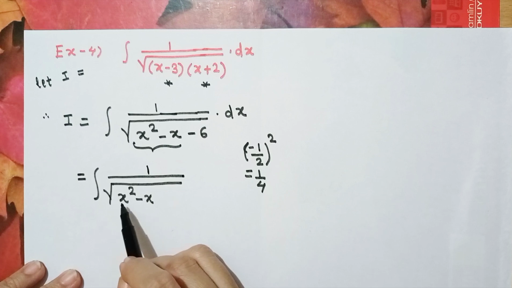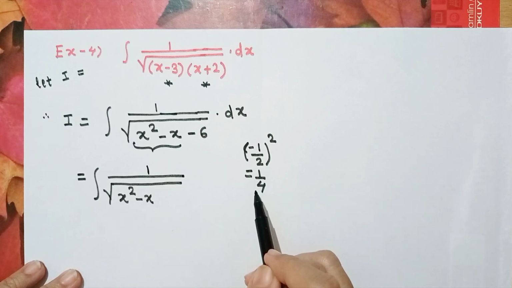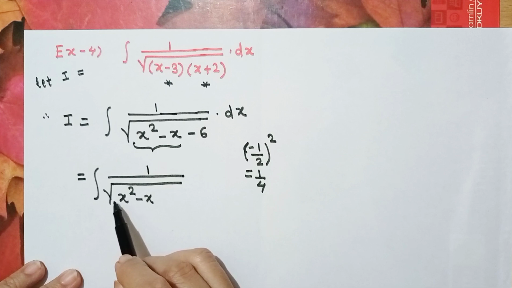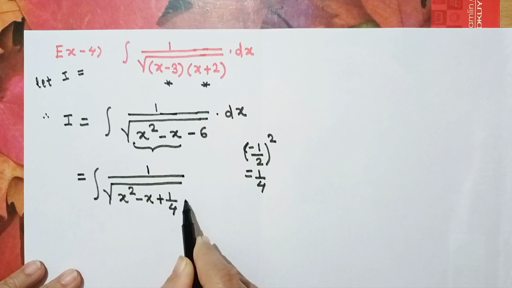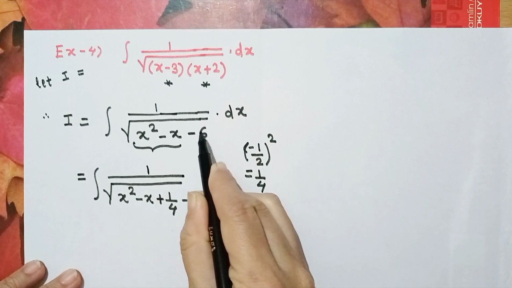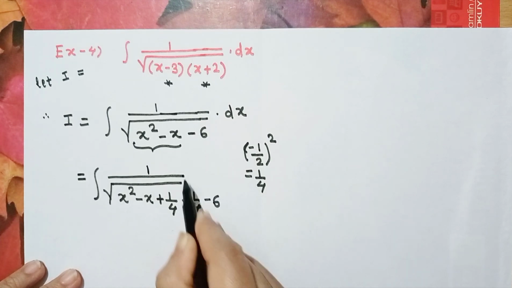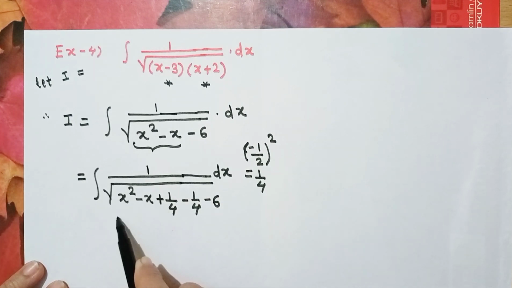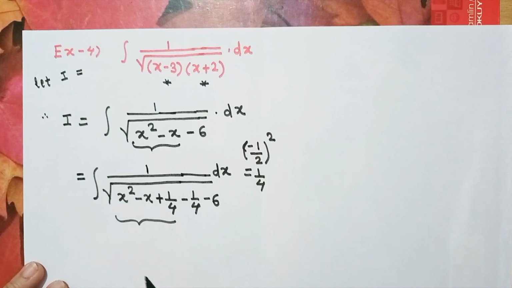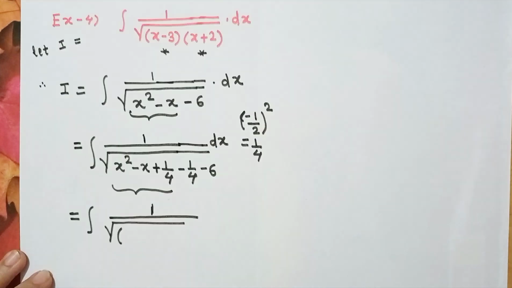I told you that the sign of this 1 upon 4 must be the same as this square term. Here it is positive. So here first I'll write 1 upon 4, then minus 1 upon 4, and then we will write this minus 6. By adding this, we are making this a complete square, and so in the next step, this is the complete square of x, middle sign minus, and its square root is 1 upon 2 bracket square.